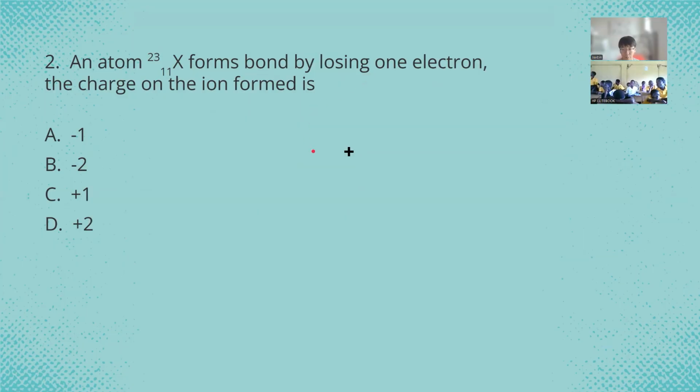It will have a positive charge, right? Yes, it's a positive charge. Yes, I heard positive 1. That's correct. It's C, positive 1, because it lost one electron. It has a positive 1 charge. That's right.